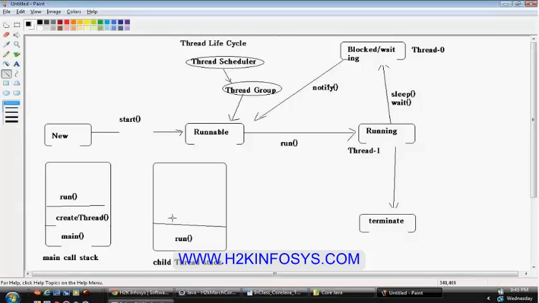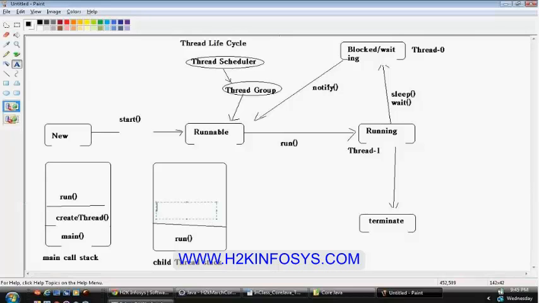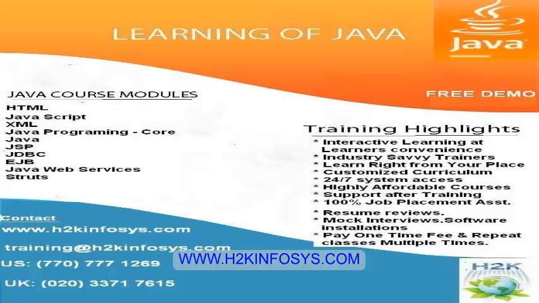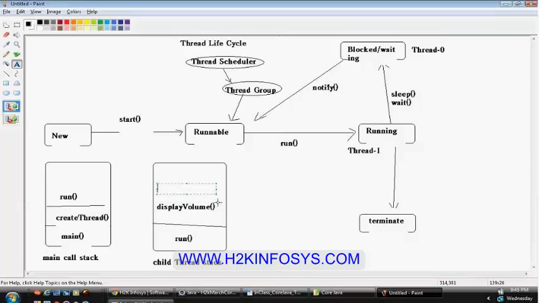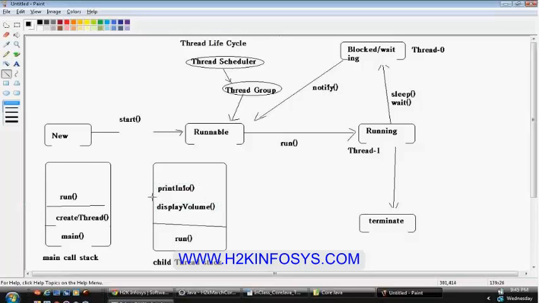Let us say from your run method, you are creating some other objects and you are going to call the display volume method. And the display volume method, let us say it calls print info method. So currently, this is the whole call stack for your child thread.